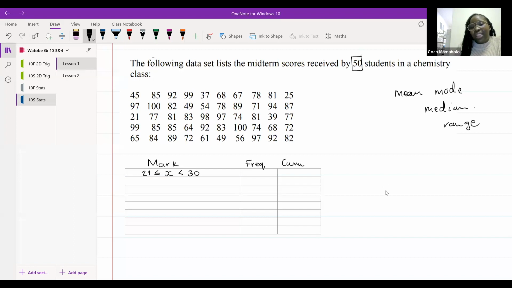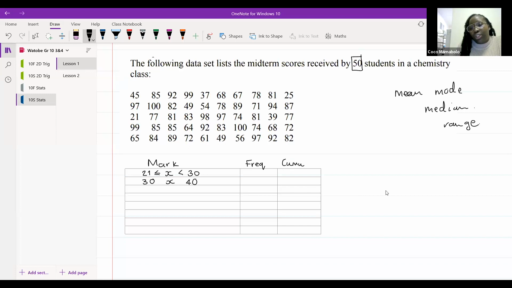So that means the next column that I write, I'm going to start at 30 and go all the way to 40. My values need to sit in between 30 and 40.